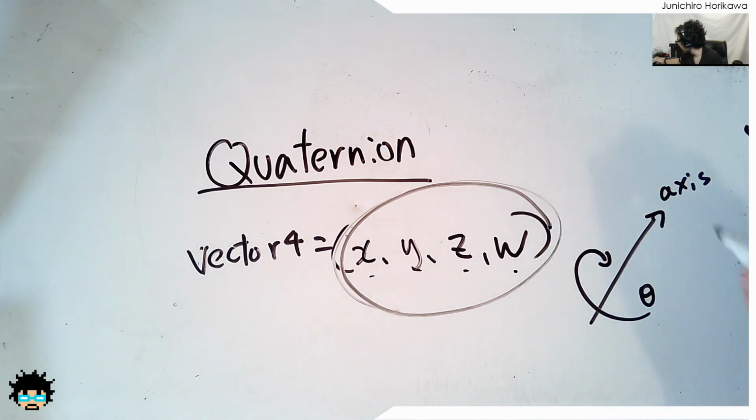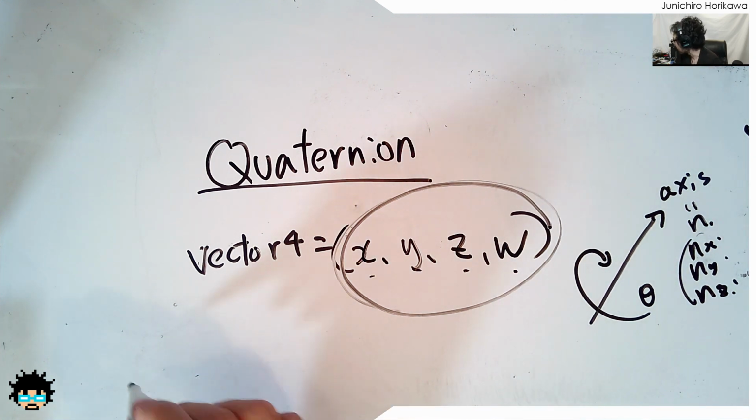First of all, let's define this axis as n and deconstruct this n into x, y, z values, which is the length in x direction, y direction, and z direction. I'm going to call this nx, ny, and nz, which are scalar values.